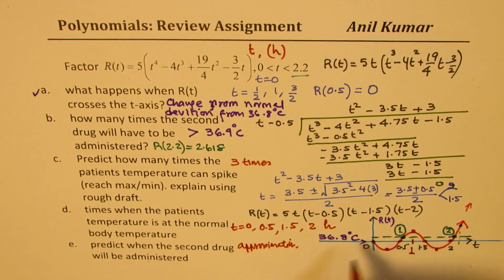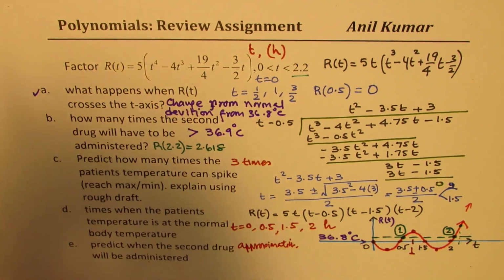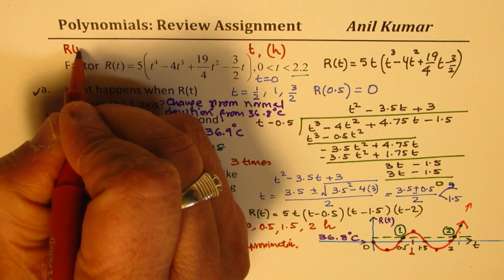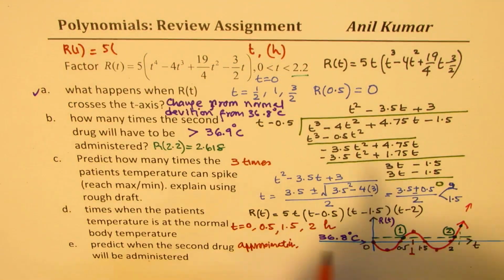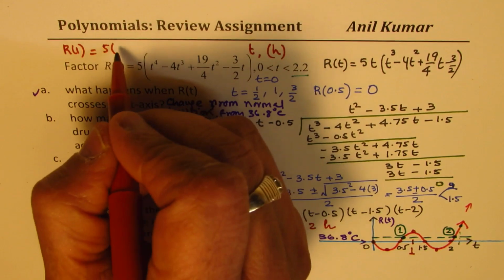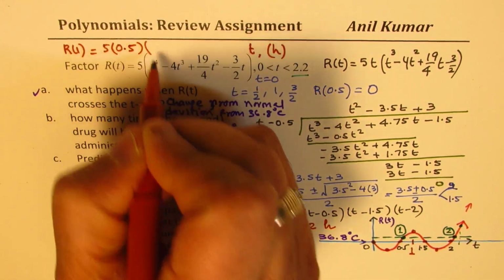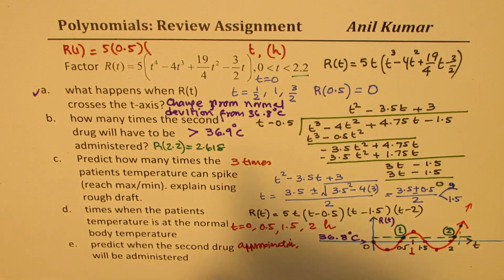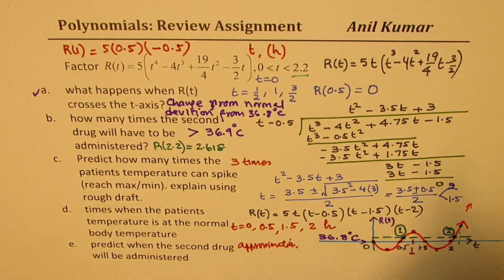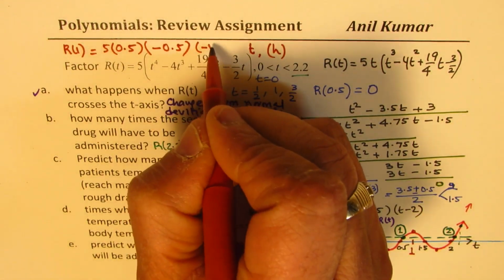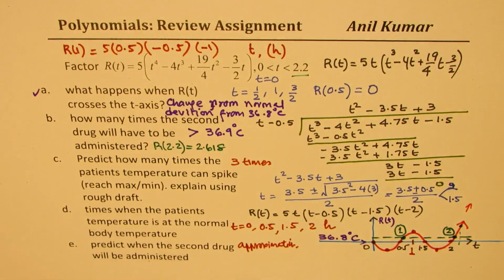So you can find the value of the function r of 1. So r of 1 will give you the maximum variation. So in our formula here, if I substitute 1 here, I get 5 times 1 minus 0.5 is 0.5 times 1 minus 1.5 is minus 0.5, and then 1 minus 2 is minus 1.